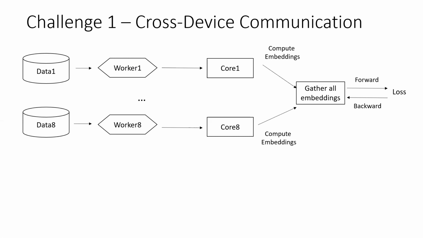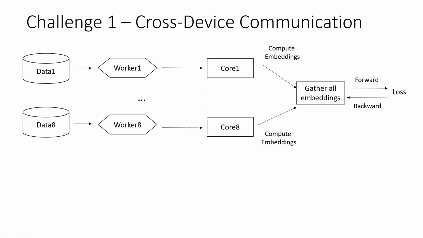What's special about this is that we have to gather all the embeddings in a central place. So instead of having 64 embeddings on every core, we gather all the embeddings in one place so that we have in total 512 embeddings at one place. And then we use this one place to do the loss computation and also do the backward communication.